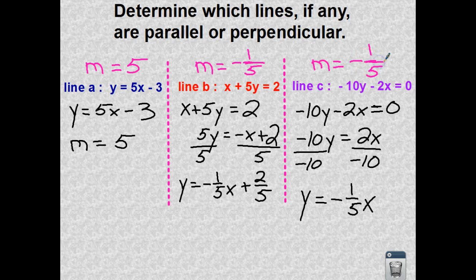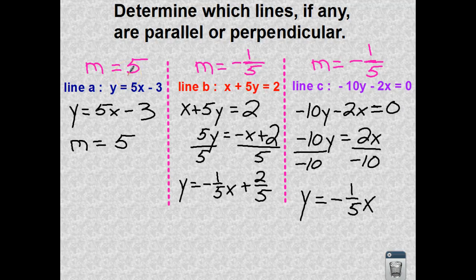So now that we see all of the slopes in these three lines, we can make a comparison. So line A is 5, and line B and C are not 5.